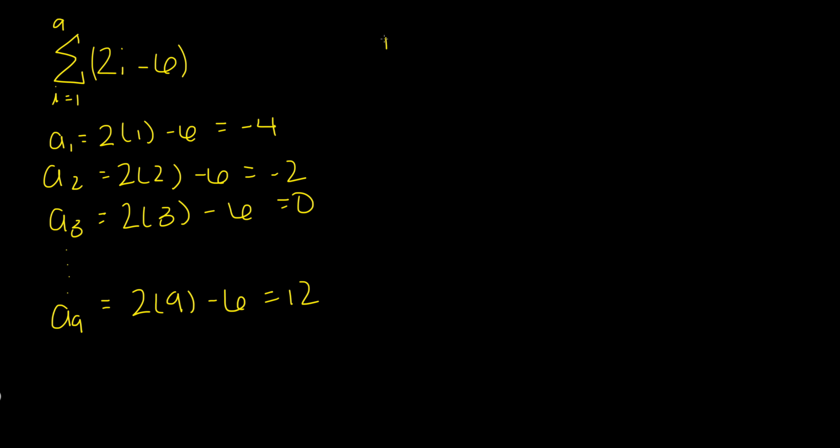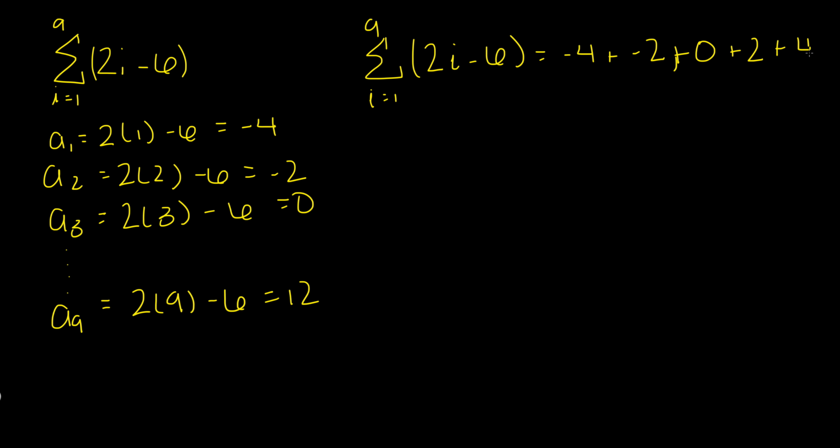So this summation from i equals 1 to 9 of 2i minus 6 will then equal a1, which is negative 4, plus a2, negative 2, plus a3, which is 0, plus a4, which is 2, plus a5, which is 4, plus a6, which is 6, plus a7, which is 8, plus a8, which is 10, and a9, which is 12.